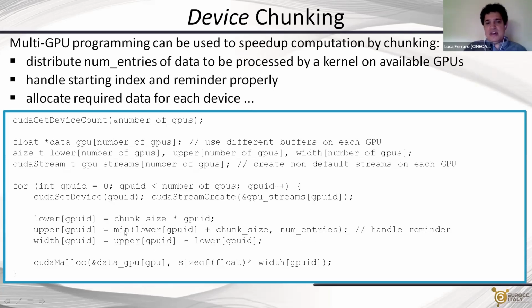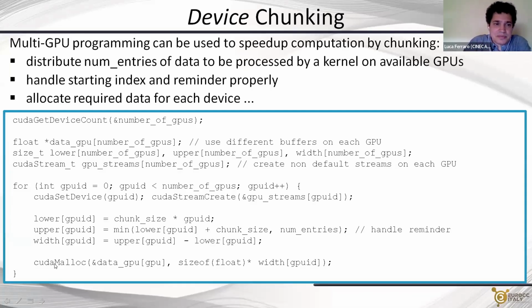You can also handle a remainder if the data size is not evenly divisible. Then you can compute how many elements you have to transfer for each GPU. You can make a CUDA malloc on each GPU, which will host the data.